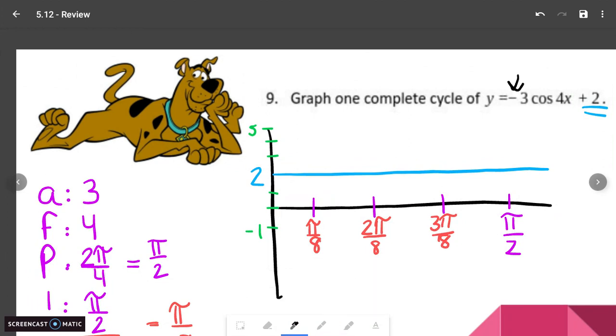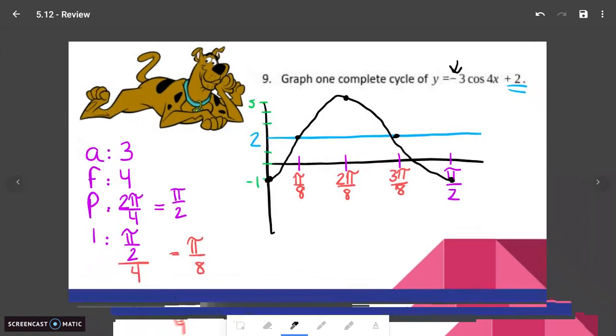And because it's negative, we're starting below and then working our way up to the midline, up past the midline to the max, back to the midline, and below, making sure it is curved as we go through. Okay, and that is going to be my one complete cycle of this cosine function.